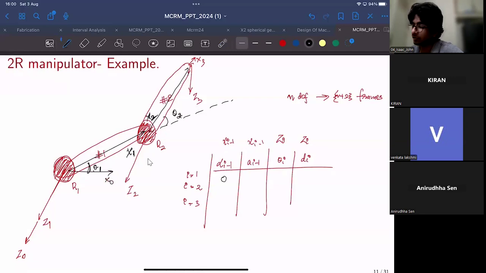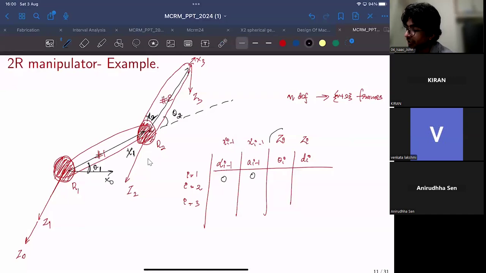And what is the next transformation? The second transformation would be translation along the x i minus 1 axis, or along the x0 axis, right? Earlier it was to make them parallel, now to make them align. Since there is no relative distance between the zeroth frame and the first frame, we don't need to translate along X0. So that also makes it 0.